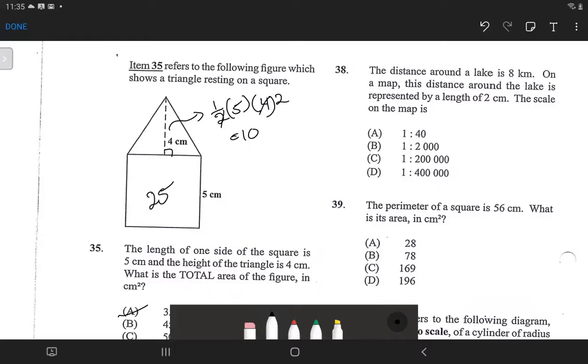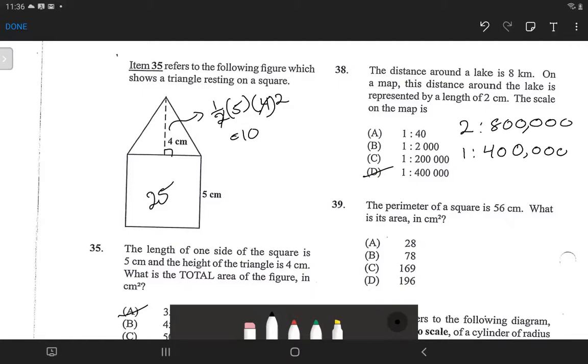So that means 100,000 centimeters in 1 kilometer. So you have 2 to 800,000 centimeters, and then you could finally divide by 2, so you get a 1 in 400,000. So that's this one.